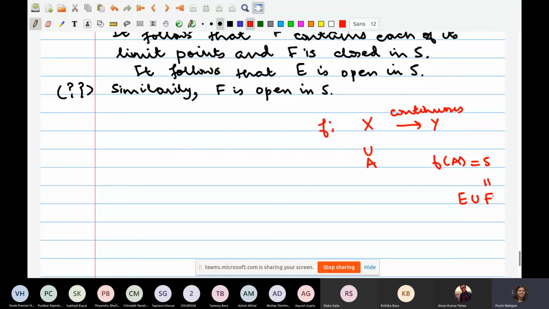So I said let's consider a separation of f of A, which is S as a disjoint union of two non-empty separated sets E and F. And now let's pull it back by f. So now let's look at the sets f inverse of E and f inverse of F.